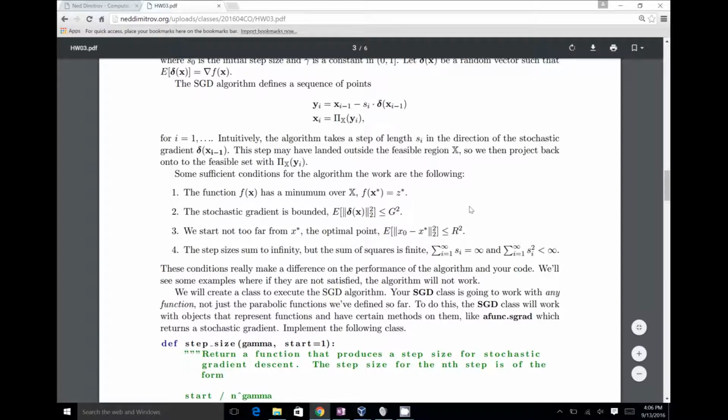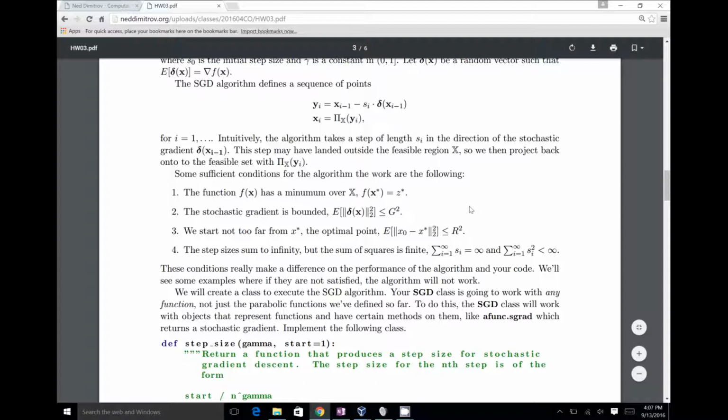The third one is we start not too far away from the optimal point. And again, there are some nice examples. We're going to see it maybe in the second homework assignment, where if you start too far from x*, it might take a really long time. And then the fourth one is that the step sizes sum to infinity, but the sum of the squares of the step sizes is finite, okay?